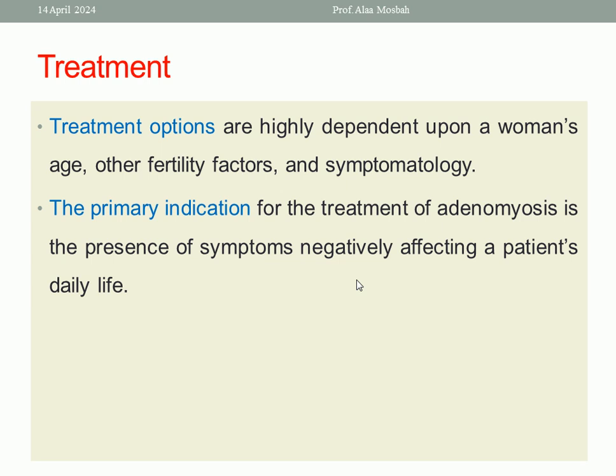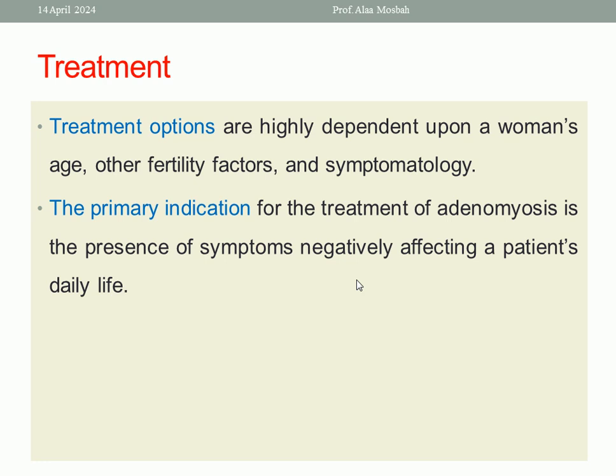Let us go to treatment. Treatment options are highly dependent upon a woman's age, other fertility factors, and symptomatology. Is the woman symptomatic or not? She has chronic pelvic pain, dysmenorrhea, heavy menstrual bleeding, infertility, miscarriage.